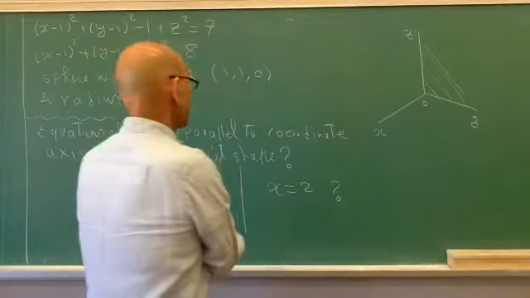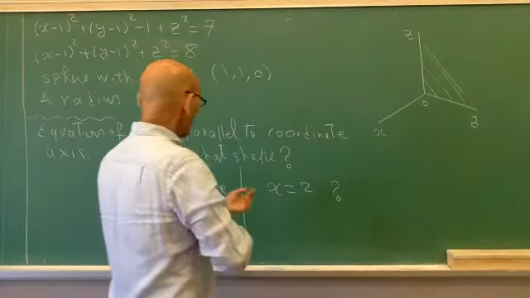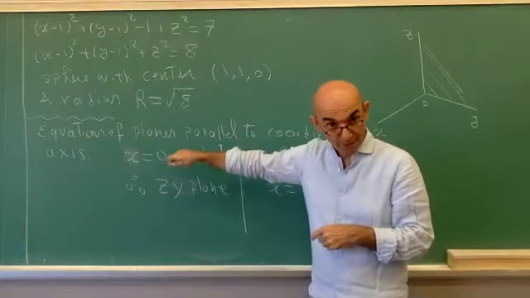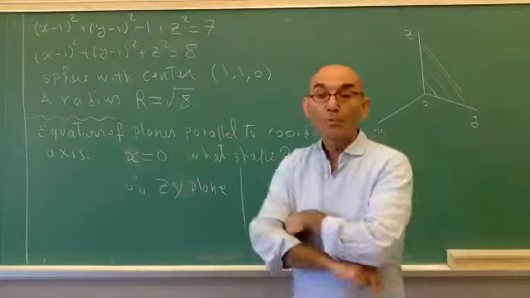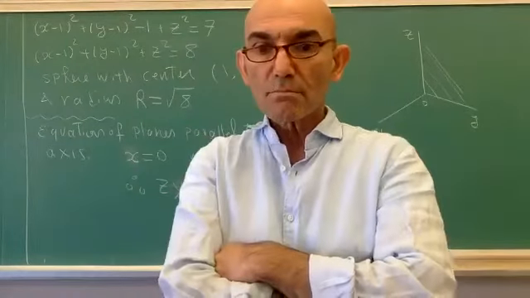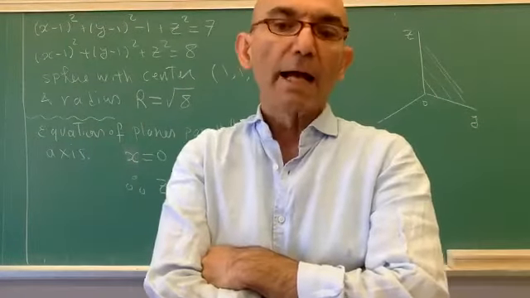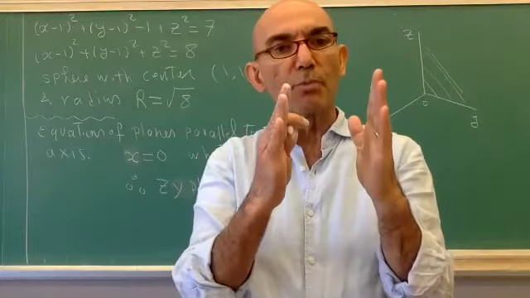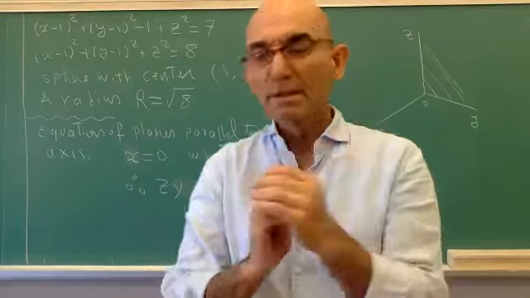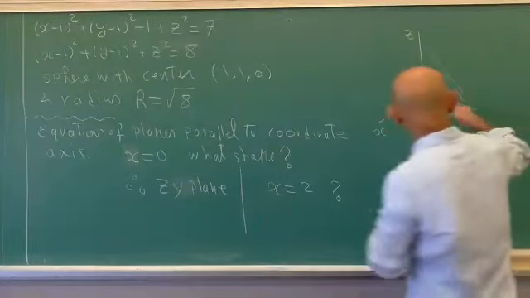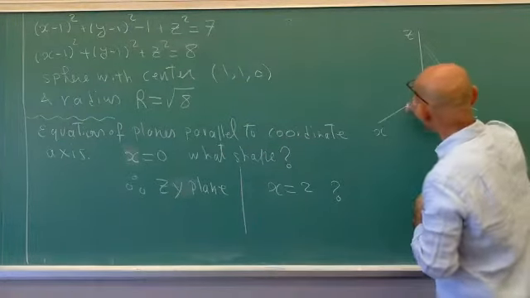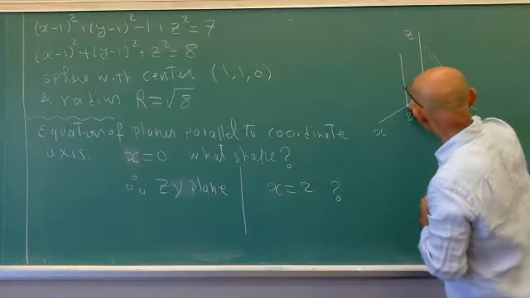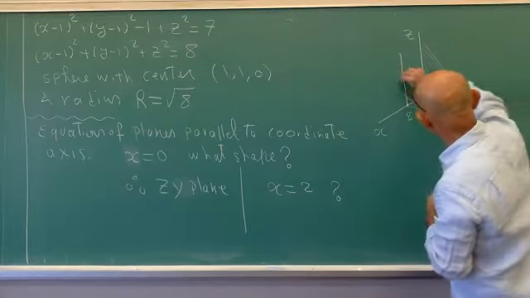It's not exactly the zy plane anymore, because the zy plane has the property, as we discussed, that x is equal to 0. Exactly. So it's really like the zy plane, but shifted to the point x equal to 2. It's a plane that's parallel to the zy plane, but it starts at 2. So it's really a parallel plane.